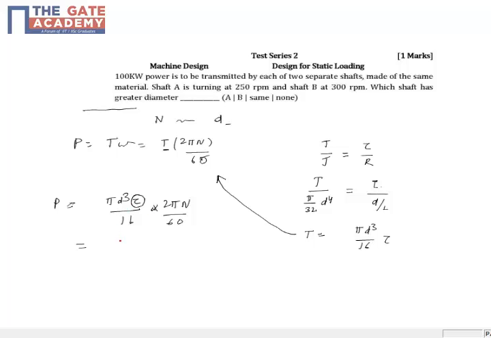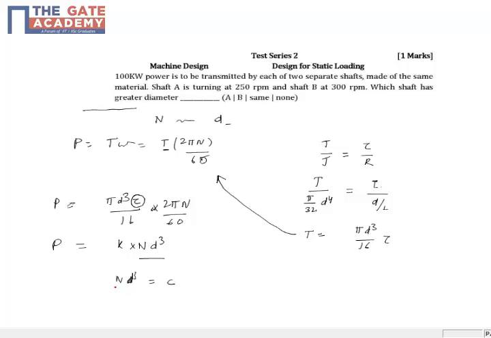Let's say the stress is maximum in both shafts, so the maximum stress will be again till the yielding or till your material limit. So that will all be constant, so that is K into N into d cube, and power is also constant. So then N d cube has to be constant because the power is constant for both of them.